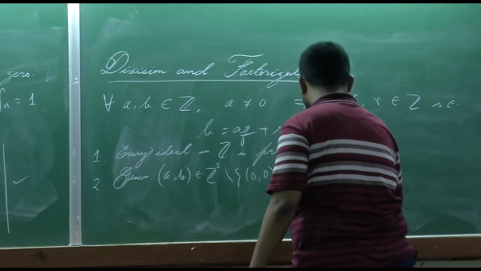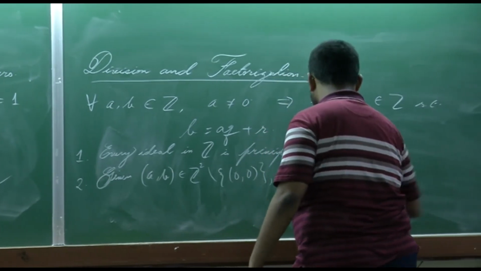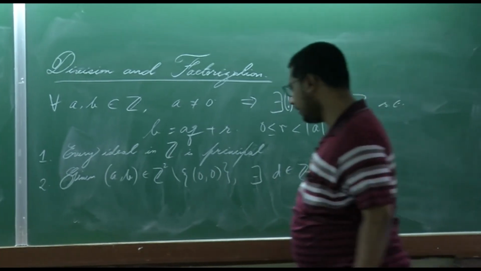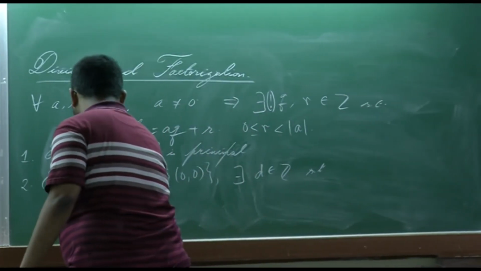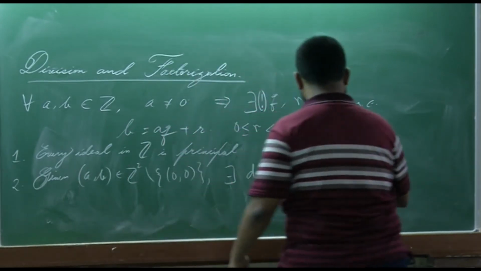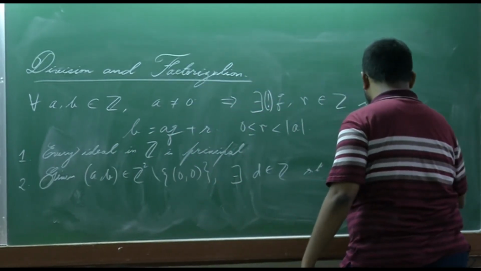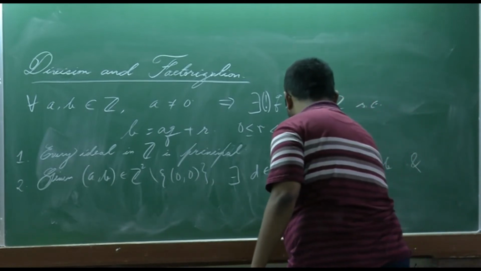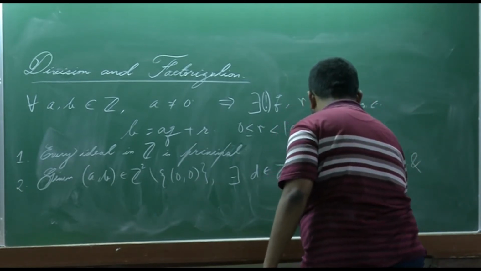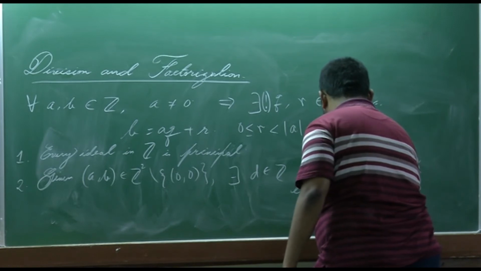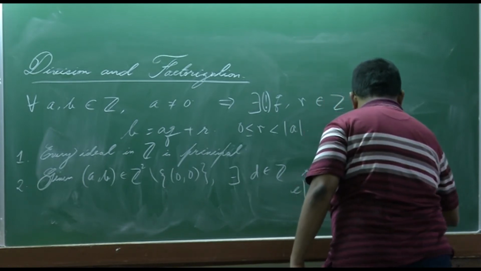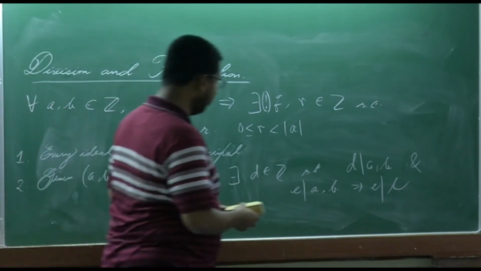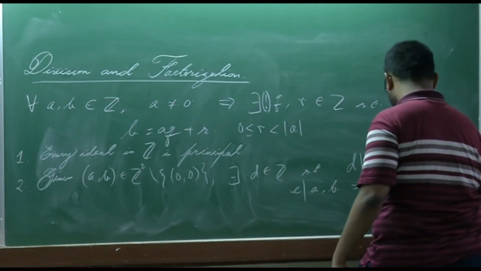There is an integer D such that D divides both A and B, and if E divides both A and B, then E must divide D, right.